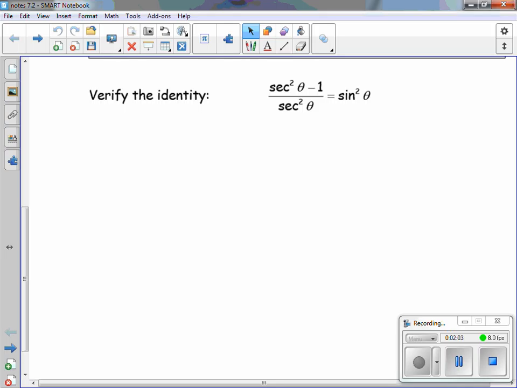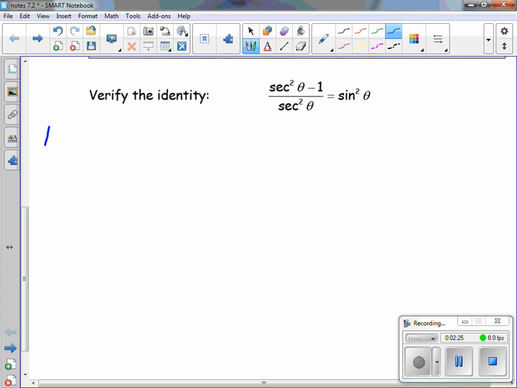So if we rearrange secant squared theta minus 1, we can rewrite that as, if we rearrange the Pythagorean that involves that, we can rewrite it as tangent squared, right? Okay, we can just move the 1 over, and that will become tangent squared.